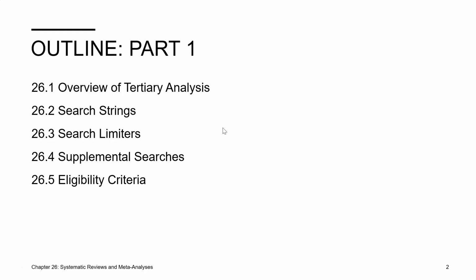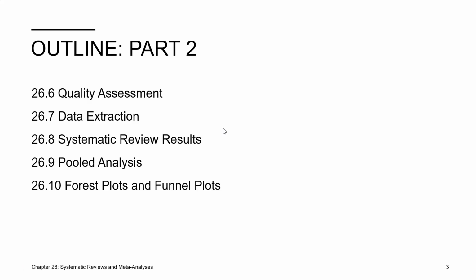Section 26.5 covers eligibility criteria. Section 26.6 covers quality assessment. Section 26.7 covers data extraction. Section 26.8 covers systematic review results. Section 26.9 covers pooled analysis, and Section 26.10 covers forest plots and funnel plots.